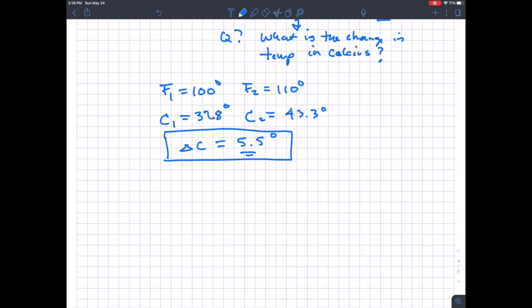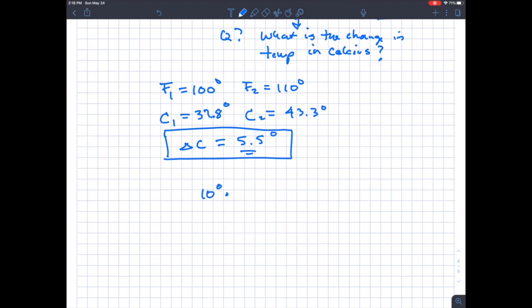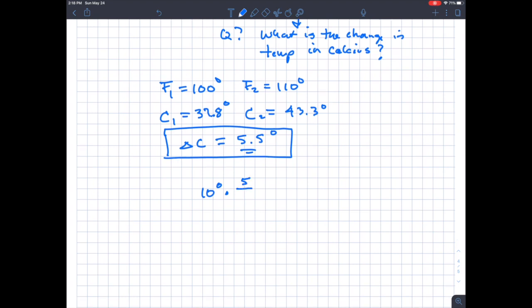So if I had 10 degrees on the Fahrenheit scale, remember the Fahrenheit scale in some sense is longer for the boiling point range, or the difference between boiling point and freezing point. So if I want to convert that to Celsius, I need to make that smaller. So I multiply by 5 divided by 9.